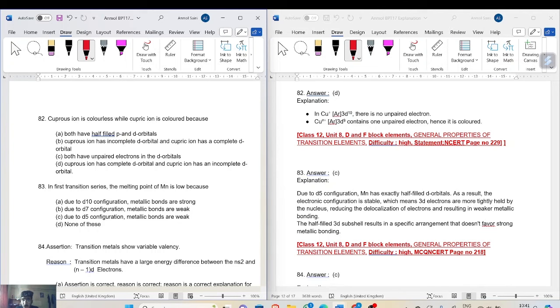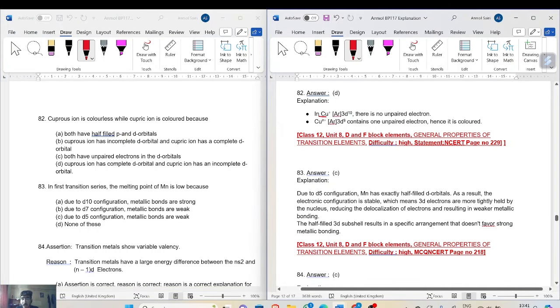Here Cu plus. First we will write the electronic configuration for Cu plus. For Cu the electronic configuration is 4s1 and then 3d10. So one electron will be removed from 4s, then it will become 3d10. So there is no unpaired electron, so no color will be shown. Now for Cu2 plus, one more electron from the 3d subshell will be removed.